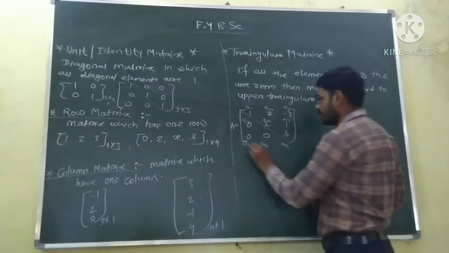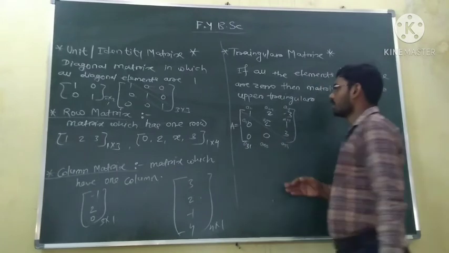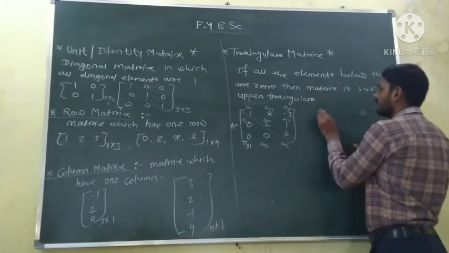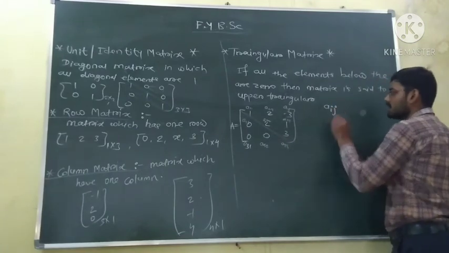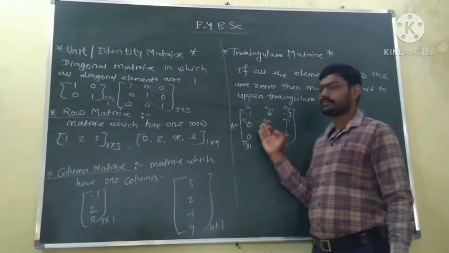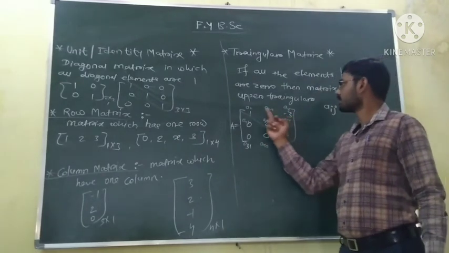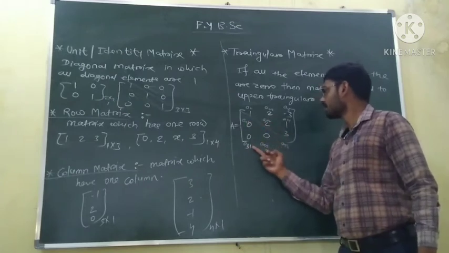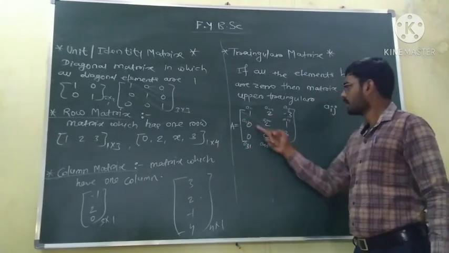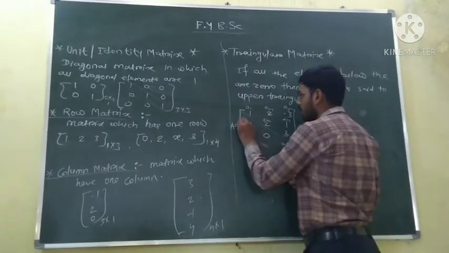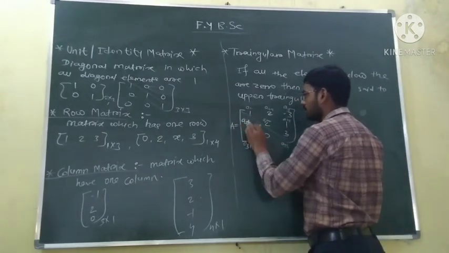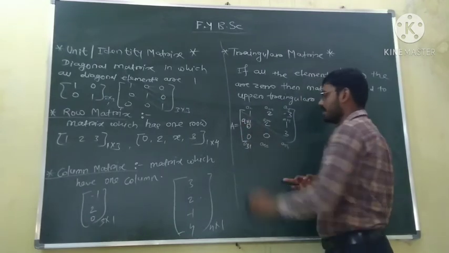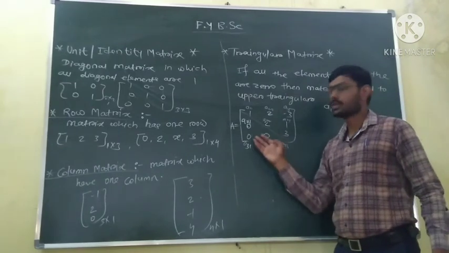If we write in terms of Aij, the entries A21, A31 and A32 are 0.